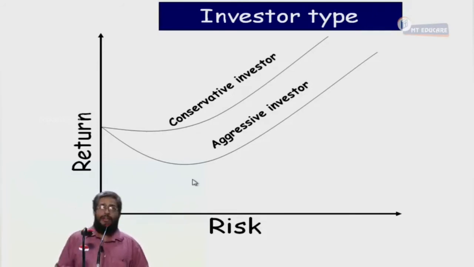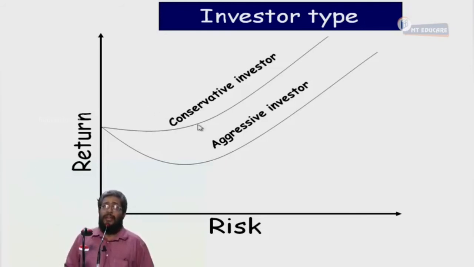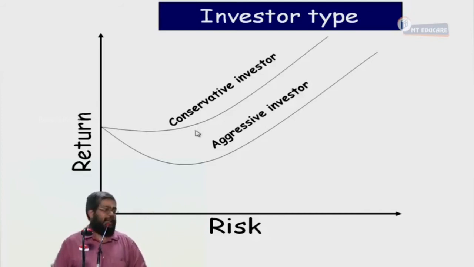Everybody following or not? Now tell me, who will be having more A, the risk aversion factor? Conservative. That is why when the A becomes more and more, I have to have more expected return, because expected return is equal to utility plus half into A into sigma squared. I'll declare the formula later. So a person having more risk aversion will be asking for more return. Yes or no?